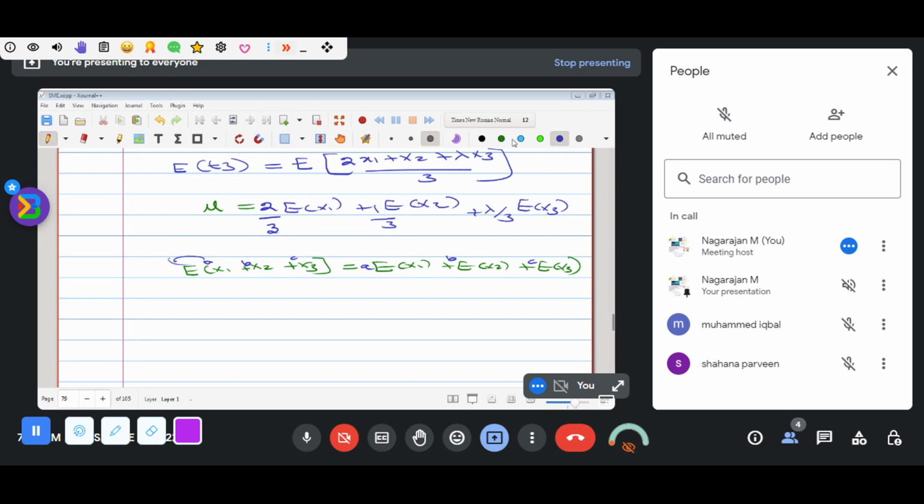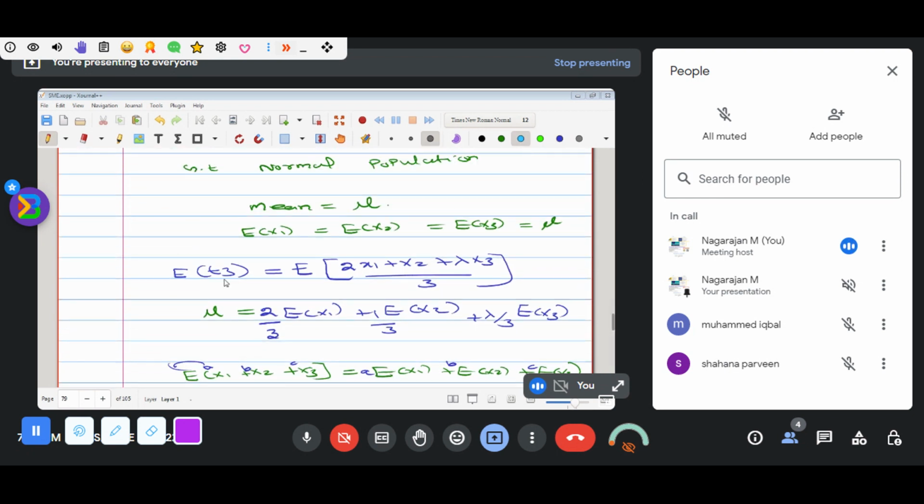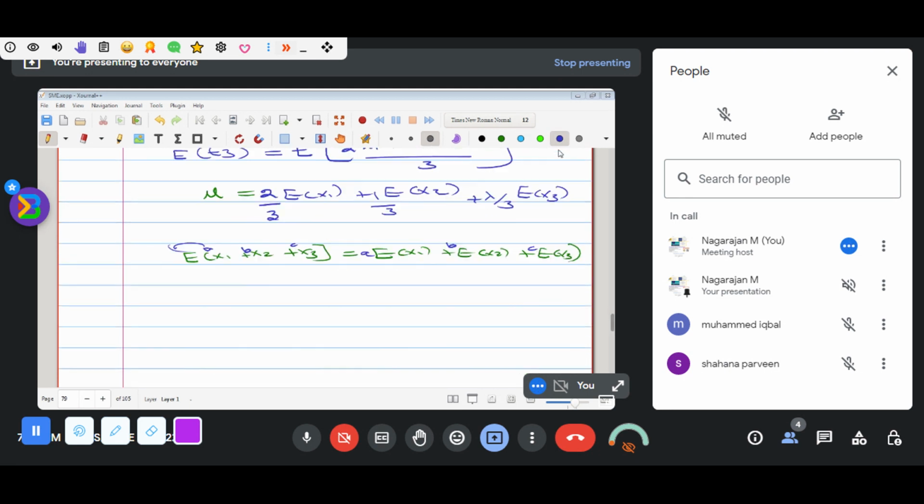Now the formula is normal distribution, therefore E of x1, E of x2 and E of x3, all values are mu because it is a normal population. So the E of x1 value is mu, this value is also mu, and the last value is also mu.